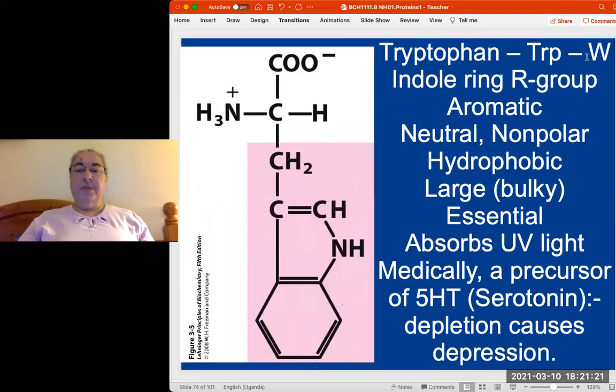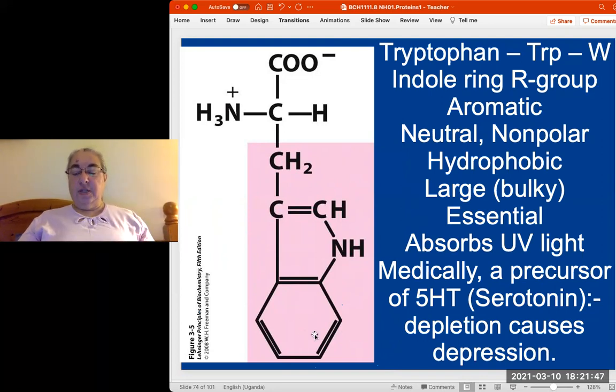Tryptophan, to remember the W, is another aromatic amino acid with a ring structure. So again, it absorbs ultraviolet light. This one is part of a biochemical pathway that produces serotonin. So if an individual doesn't have enough tryptophan, they can't make enough serotonin, and it can affect their mental state.